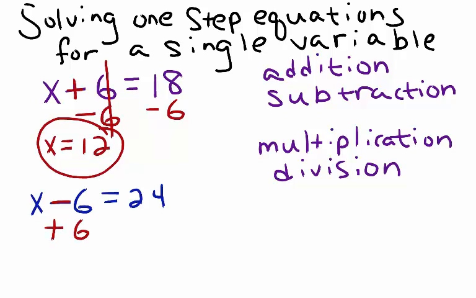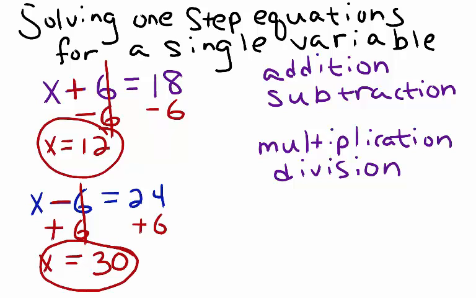So I'll add 6 to both sides. This leaves me with x equals 24 plus 6, and 24 plus 6 equals 30. So my solution is x equals 30.